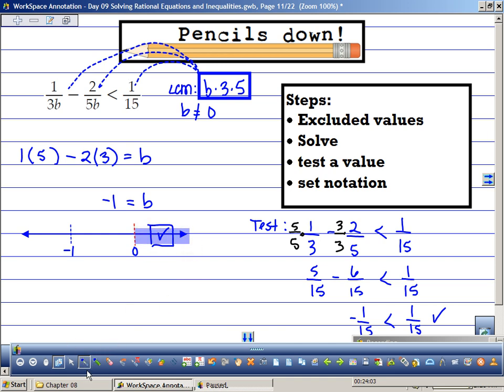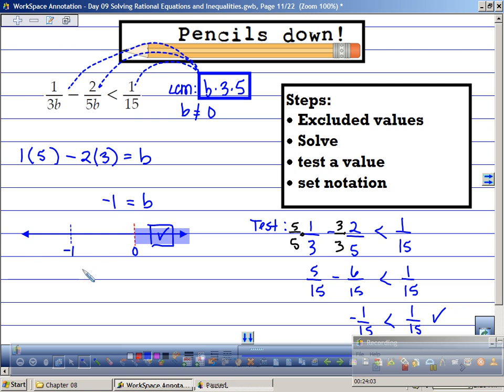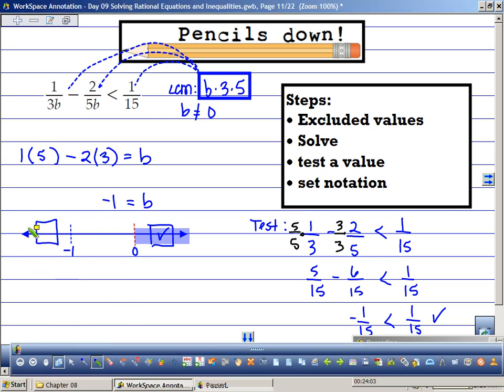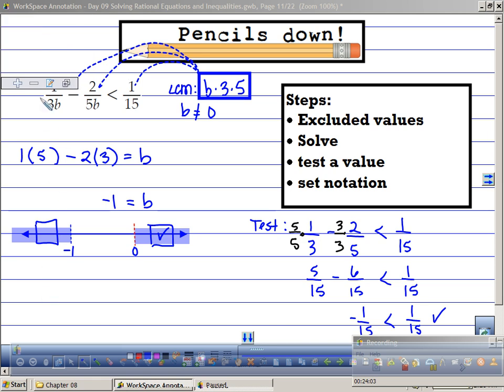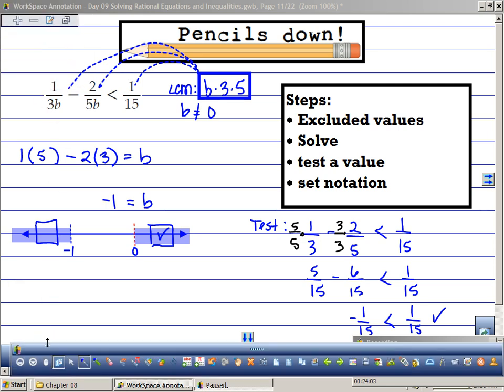No, we're not done. That has nothing to do with anything over here. So what would you like to check first? -2. I'm guessing that if this is a solution, it's going to be here and here, right? Let's check. So I've got to check -2. It has to do with layers.